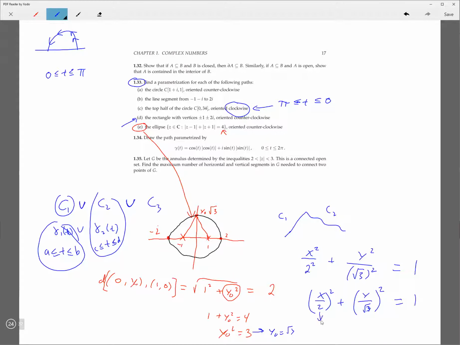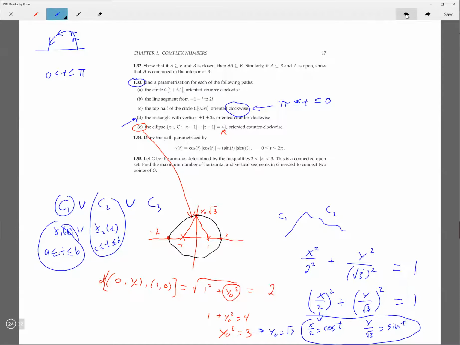So what you want to do is make this the cosine of t, and make this one sine t. I think we're running out of space, so let me continue this up here.